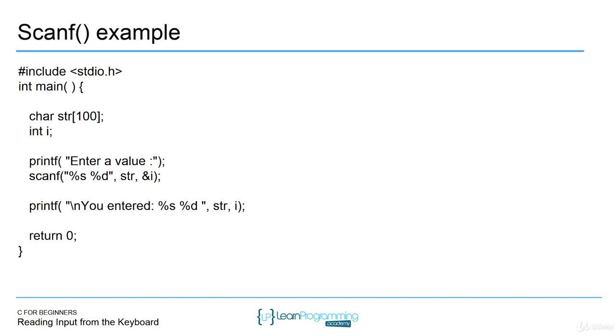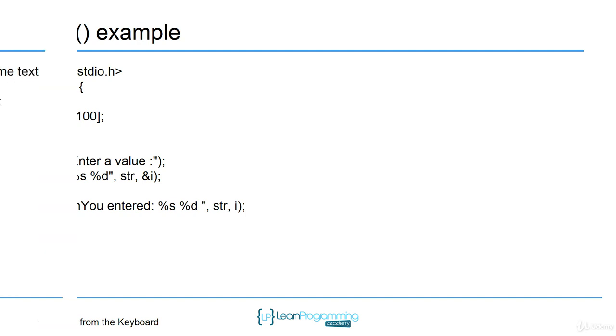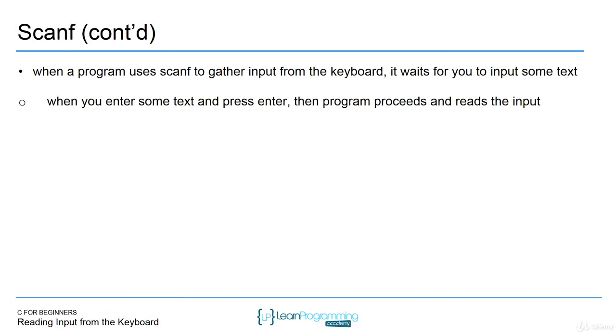All right, so let's go through this example in a second in code blocks. But let's just reiterate a couple concepts. When a program uses scanf to gather input from the keyboard, it waits for you to input some text. The program is actually going to pause until you enter the data. Once you enter some text, and some white space if you're entering multiple things, then the program proceeds and reads the input once you hit the enter button.